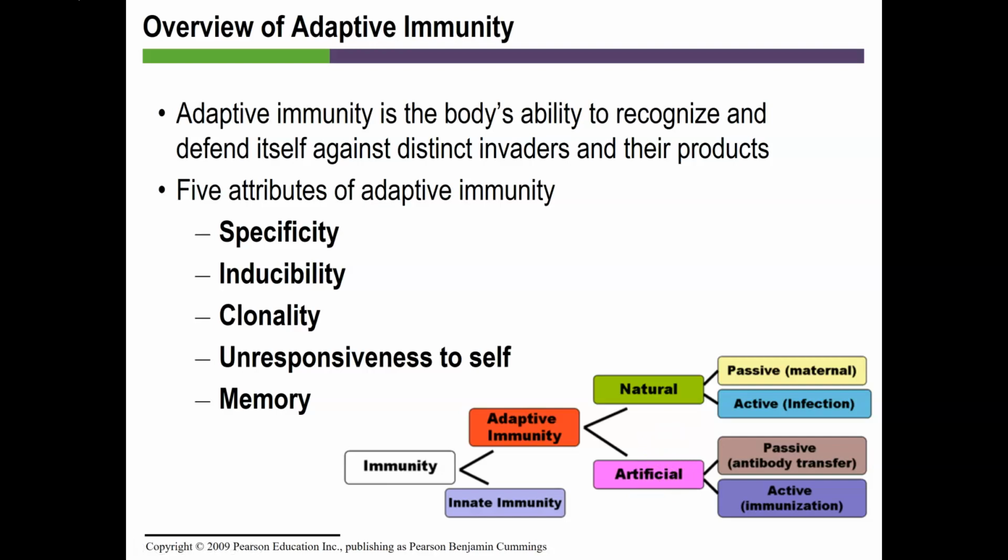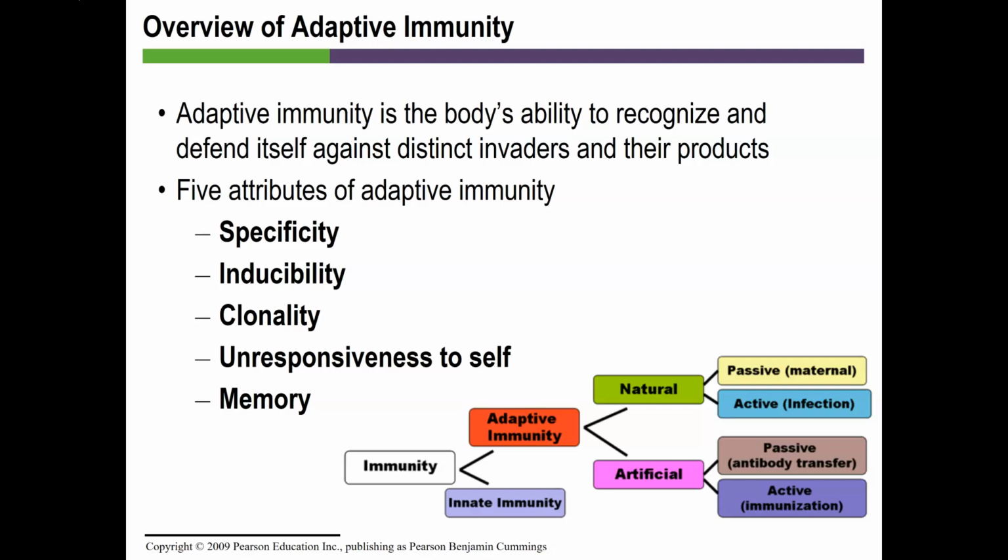The natural immune response, as you might imagine, is a response that happens naturally. You can naturally get acquired immunity by experiencing an active infection. Or an infant can experience passive immunity when mom passes her antibodies to a fetus through the placenta, which remains in the bloodstream for some time after birth, or through transfer of antibodies in breast milk.